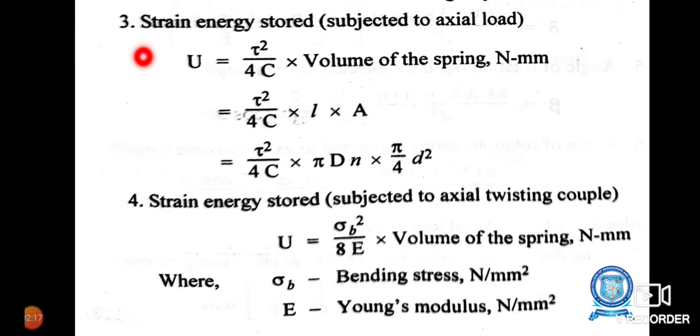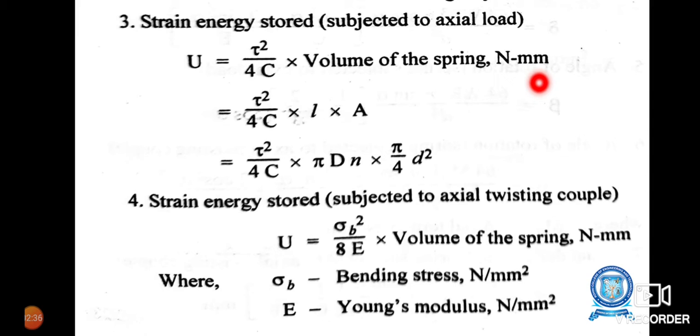Next, third formula, strain energy stored when subjected to axial load. U equals tau squared divided by 4C into the volume of the spring. Unit is Newton millimeter.